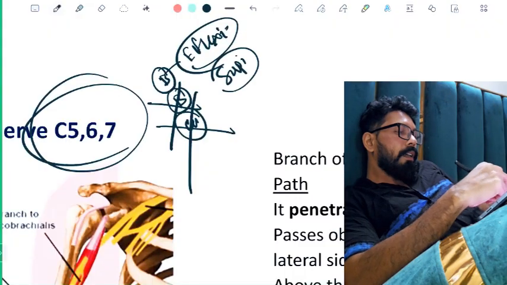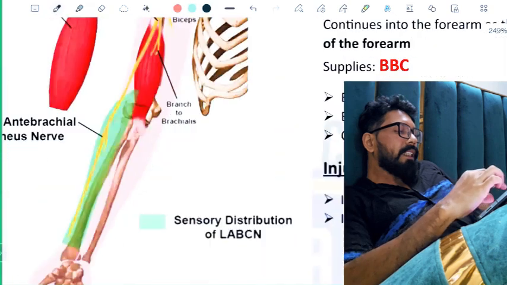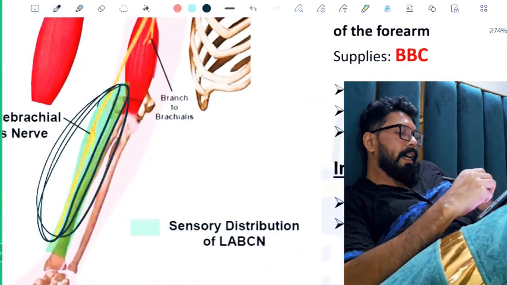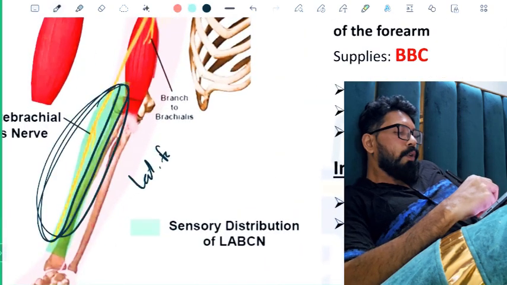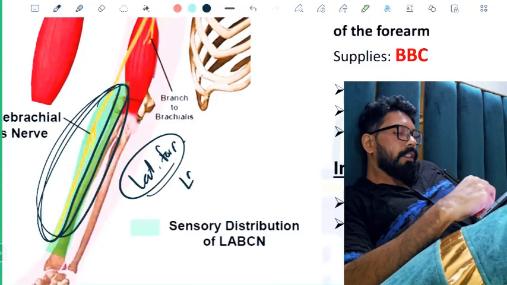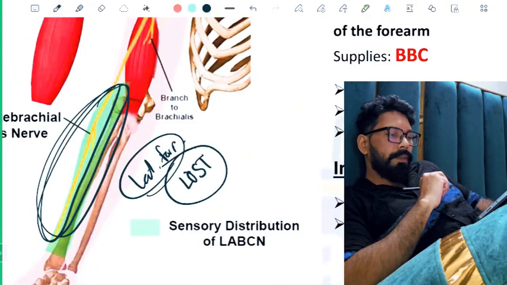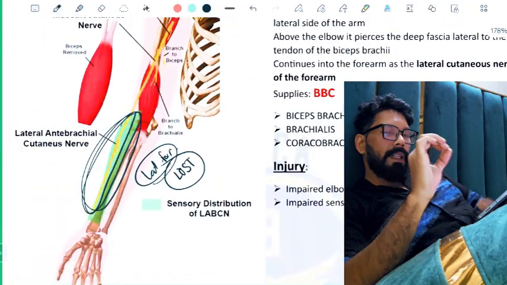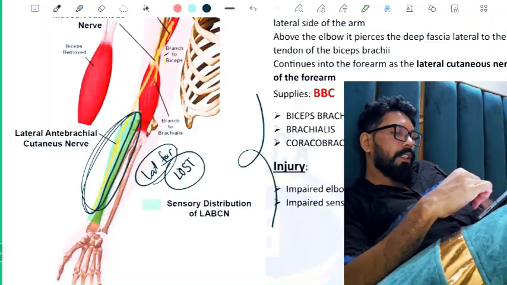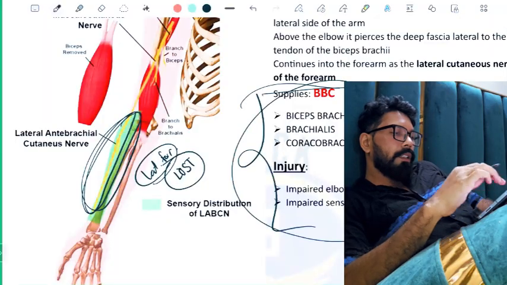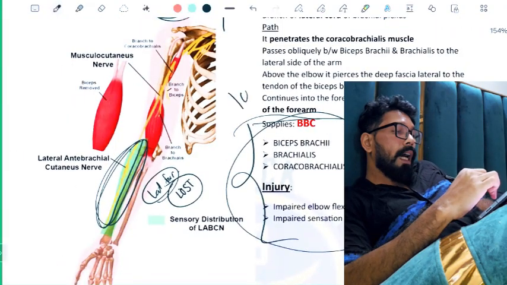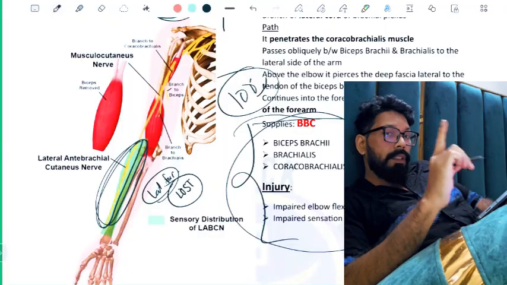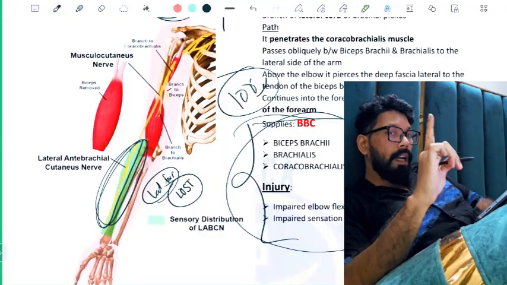Supination is impaired, plus lateral forearm sensation, this green area, is lost. Simple. So I have written it down here too. So read this part all. 100% important, okay, 100%.